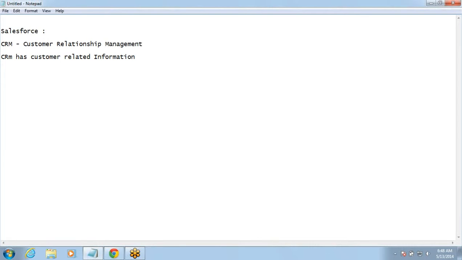Okay, the opportunities that you have from the customer, where you can do a possible sale to the customer, the products that they have purchased, the payments that they have to make, the queries that they have, or the cases that they have. So all information related to customers. So it's not just about their contact information. It can be the transactions, the conversations that I'm having with the customers. So all information related to customer needs to be stored.